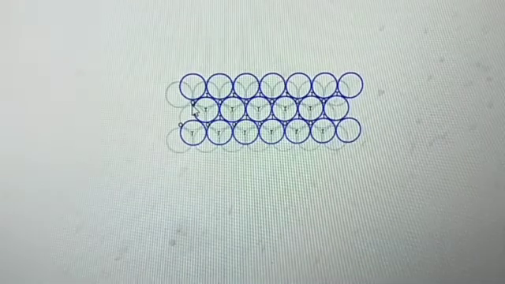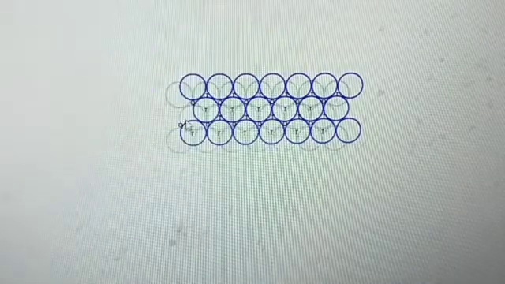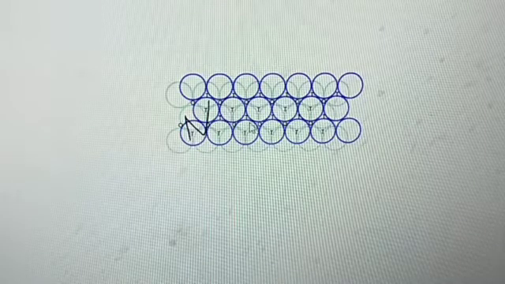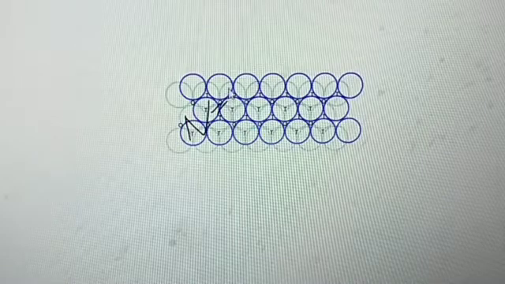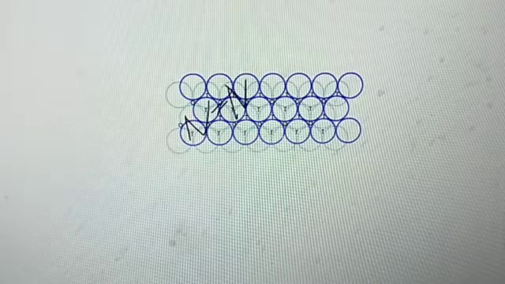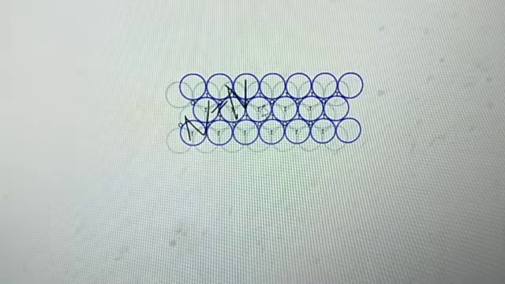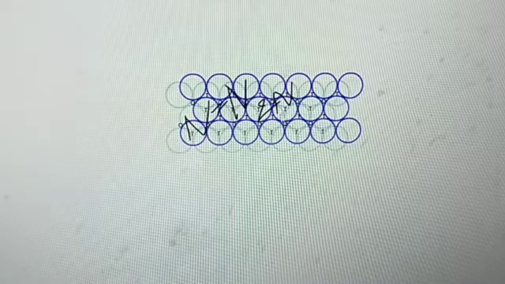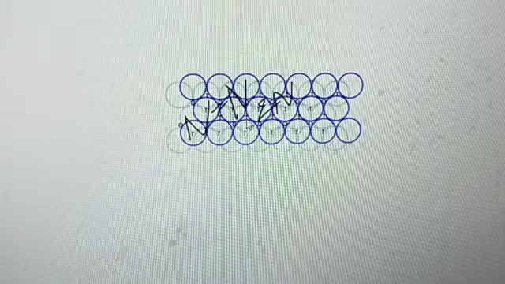If the number of close packed spheres is capital N, the number of octahedral voids generated is also equal to capital N. But the number of tetrahedral holes is 2N. For N spheres, 2N tetrahedral holes will be formed, and N octahedral voids will be formed.